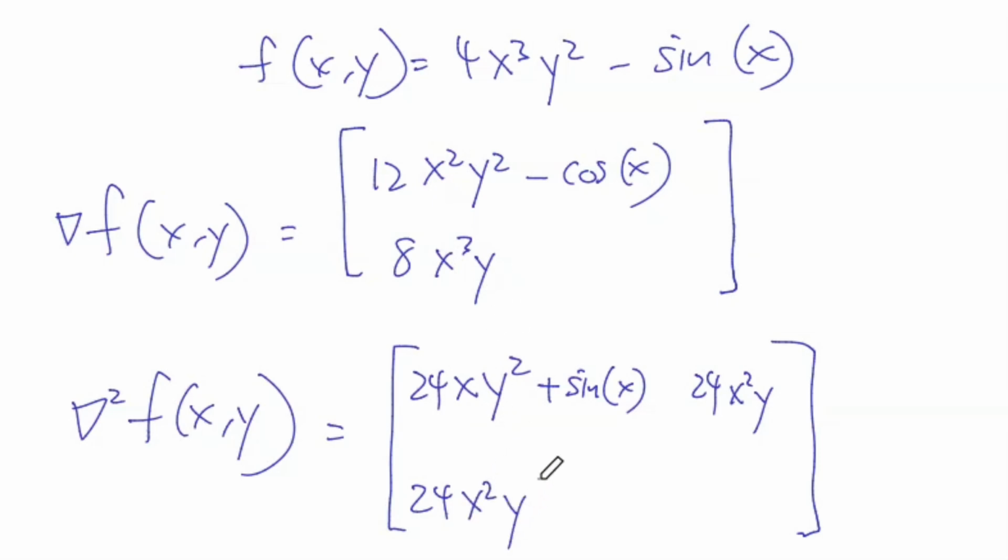And the last entry is derived over y, which gives 8 x cubed only. So this is the result you find for the Hessian. Please take note, as I mentioned just now, this one and this one are the same, a symmetric matrix.